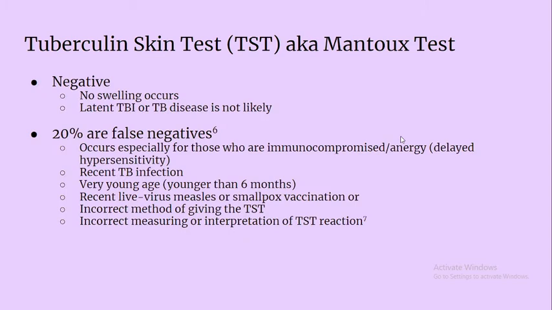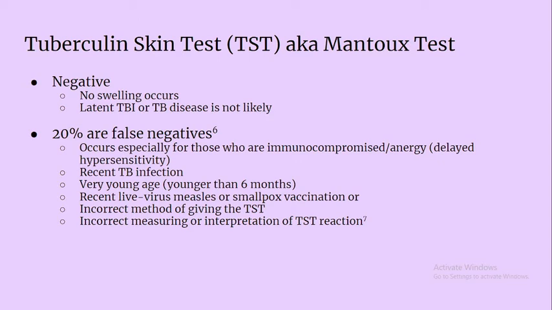So if you have a negative, usually no swelling has occurred, and latent TBI or TB disease is not considered likely. But 20% are false negatives, and like I said, immunocompromised people have altered reactions to this, so they might get a negative, but their body just can't react fast enough to bring T cells to the site to create induration.